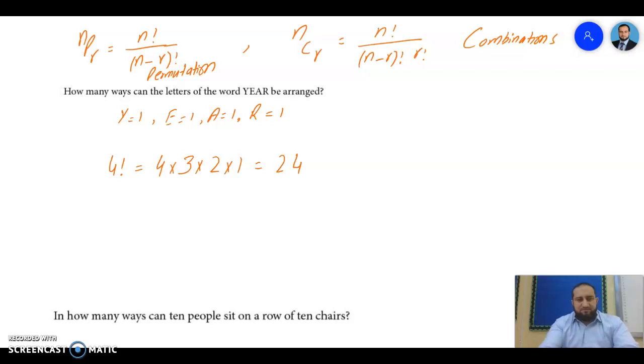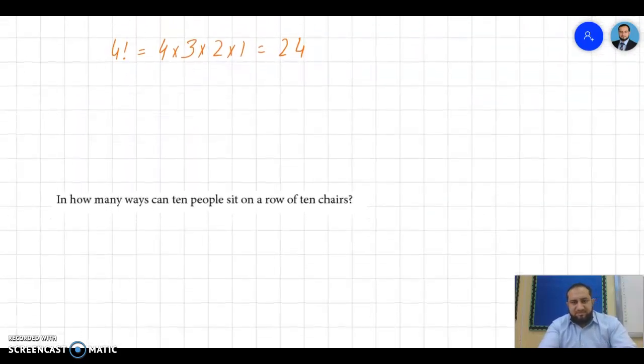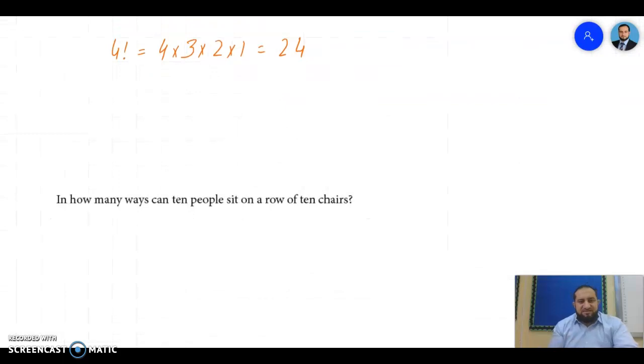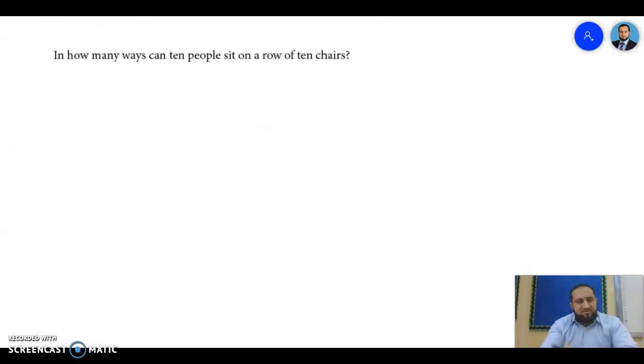Okay, the next example: in how many ways can 10 people sit on a row of 10 chairs? Again, we need to choose the people who are going to sit in the row of 10 chairs.